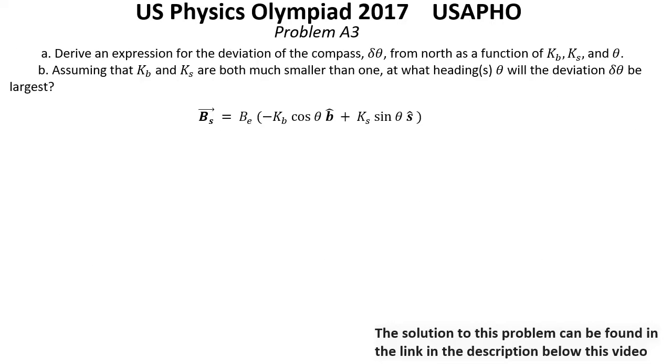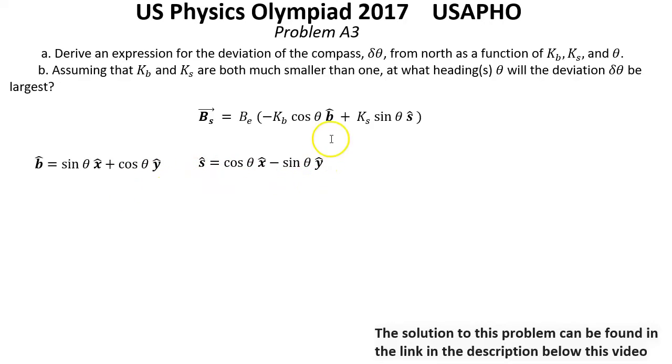To answer question A, we need to represent in this formula vectors B and S in regular coordinates. Let X be the east direction and Y be the north direction. In that case, we have B unit vector equal to this expression and S unit vector equal to this expression.